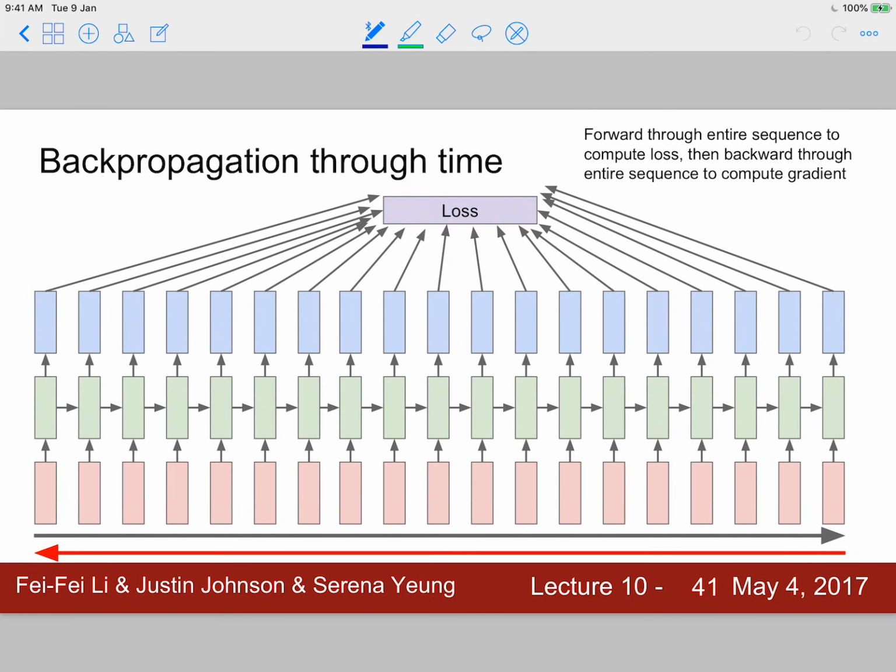Okay, so this is called the notorious problem of long-term dependency.